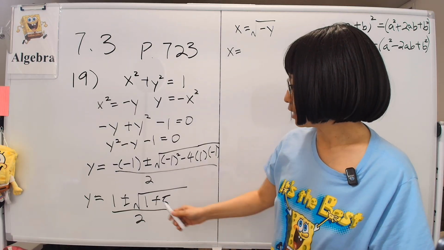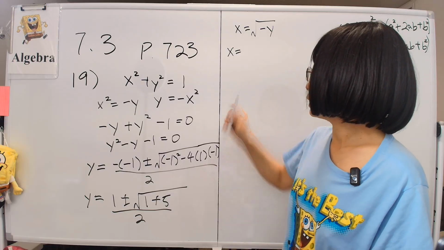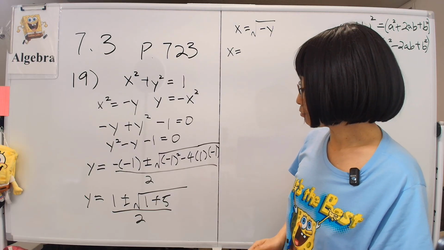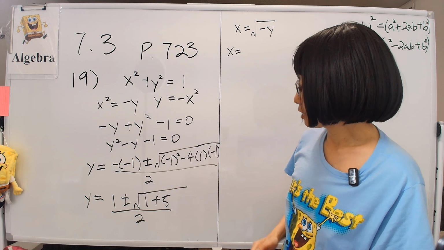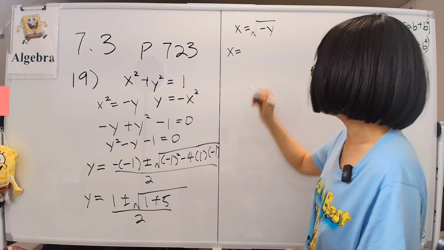Okay, now being that x equals the square root of negative y, the negative y needs to be positive. In other words, what is y anyway? Let's calculate minus y, okay?